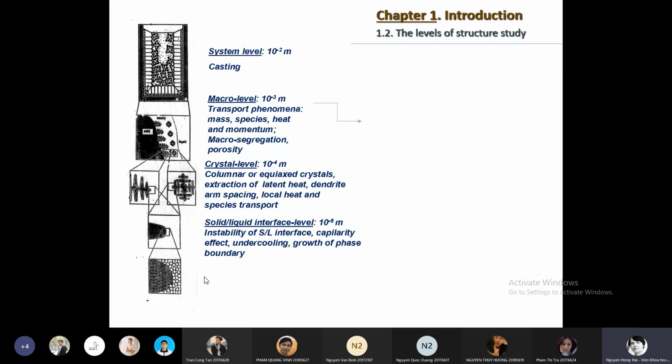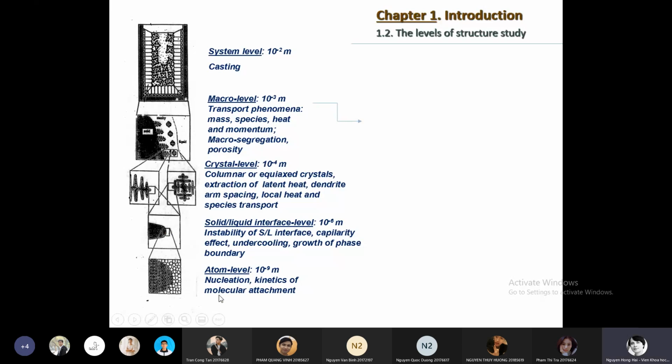And finally, we have the atom level at the nanometer level. Here you can study nucleation, kinetics, and molecular attachment. If you magnify the dendrite tip, you can see.